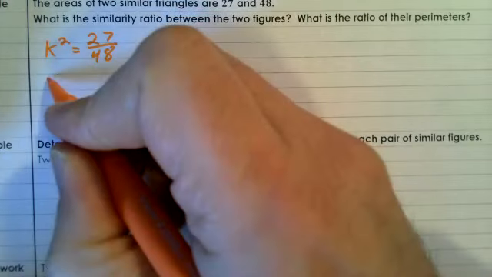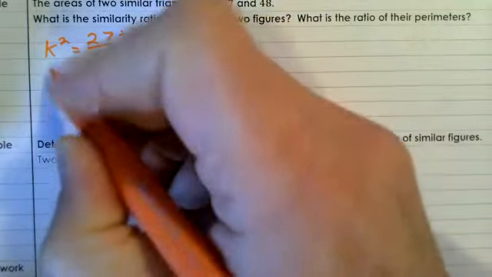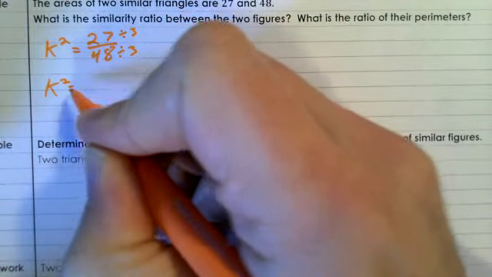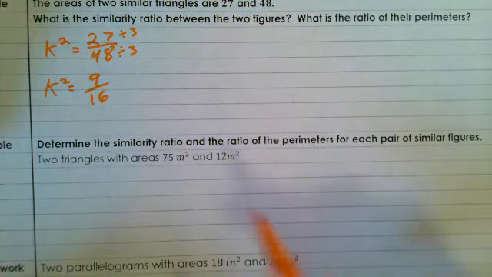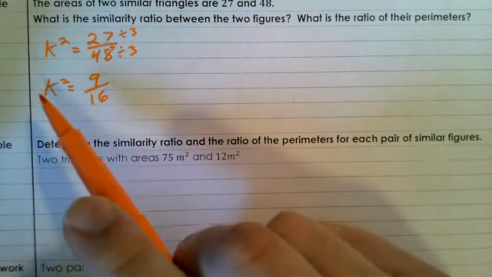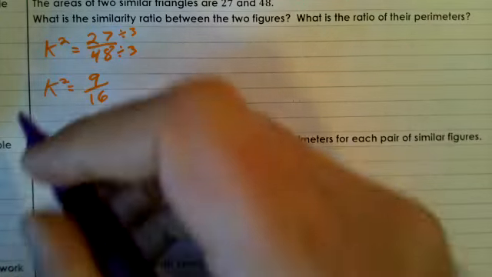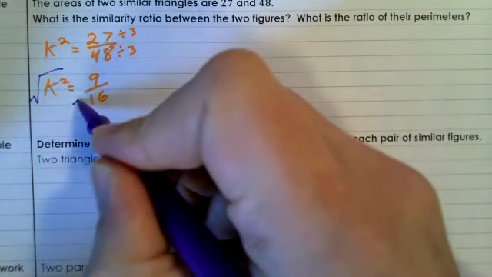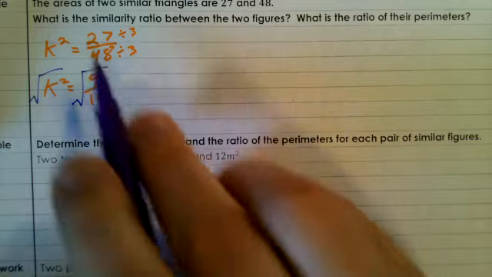I could simplify that fraction by dividing top and bottom by 3. So k squared equals 9 over 16. But the similarity ratio between these two should just be k, not k squared. So that's telling me I've got to square root both sides so that I can get that k by itself, and I'll know the similarity ratio for the two figures.